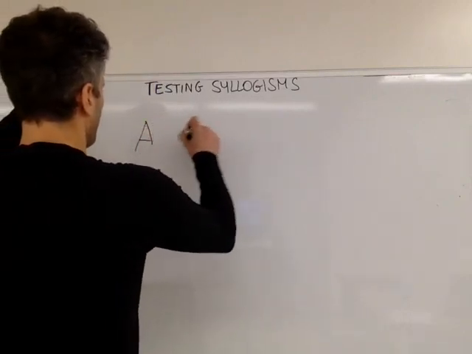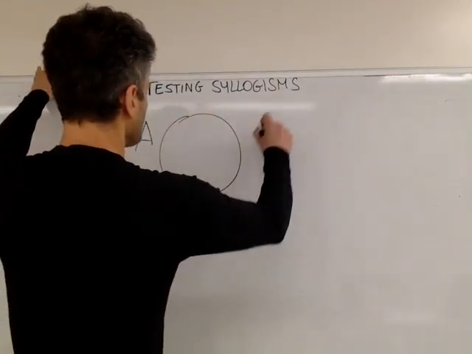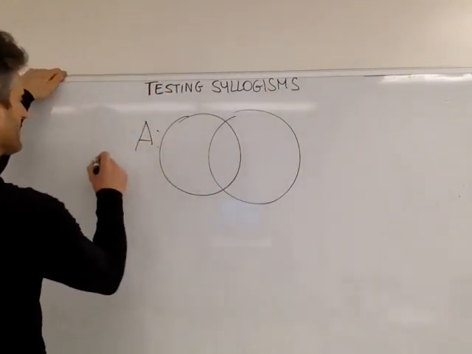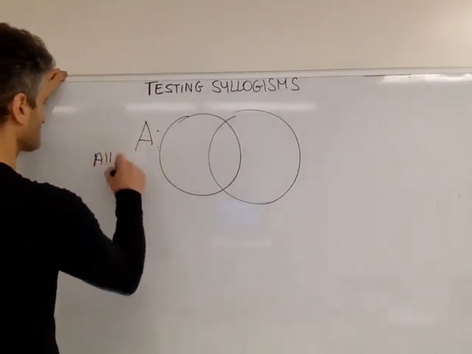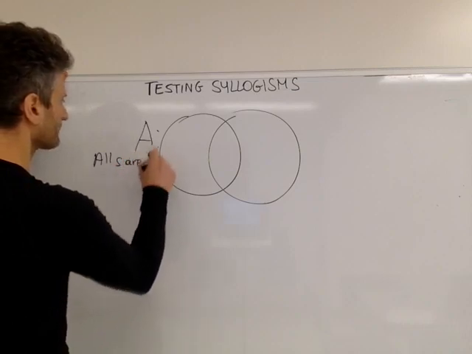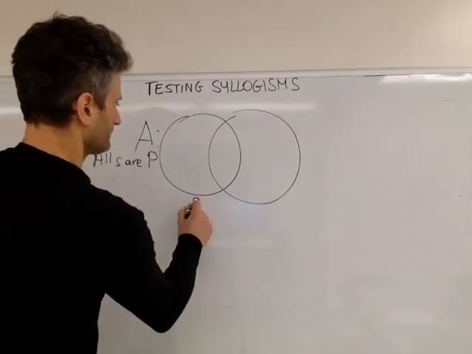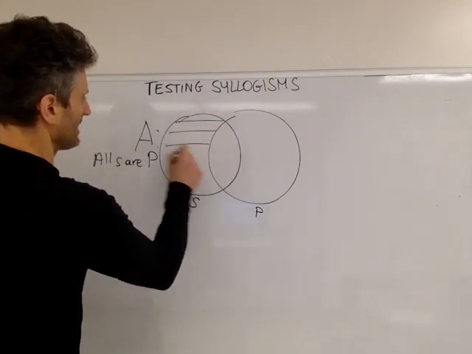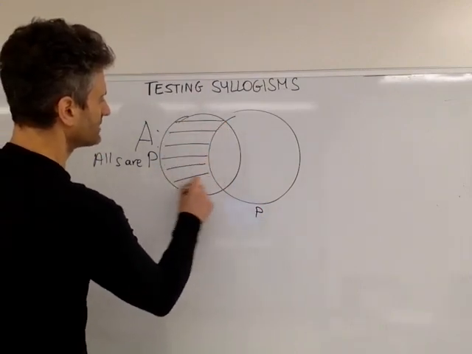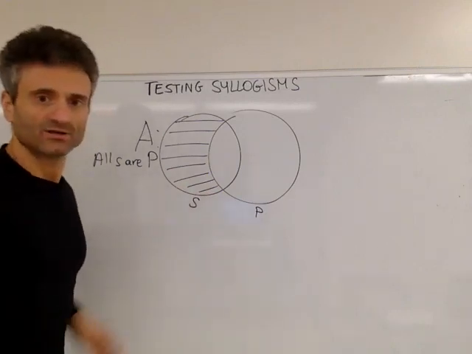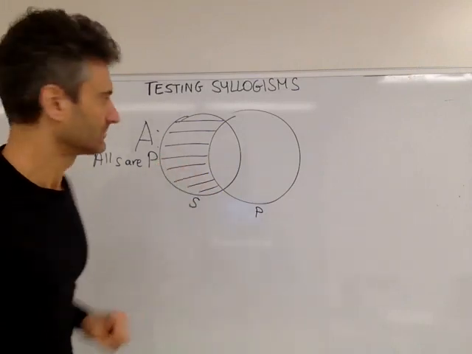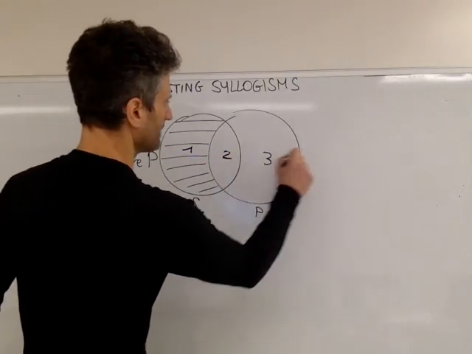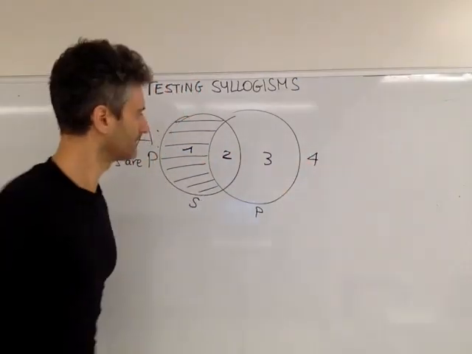Remember that the categorical statement A, the A form, which states that all S are P, is diagrammed by shading area 1. Remember, this is area 1, area 2, area 3, and area 4.